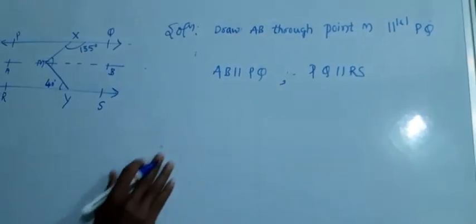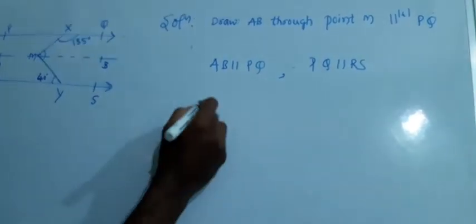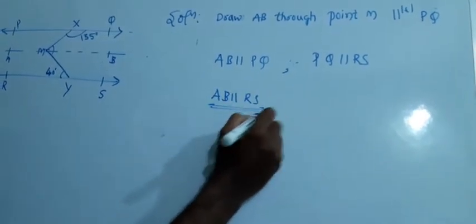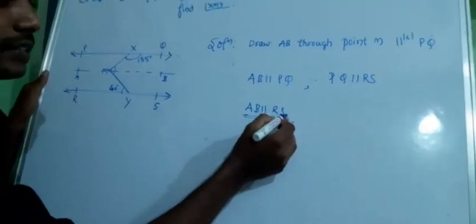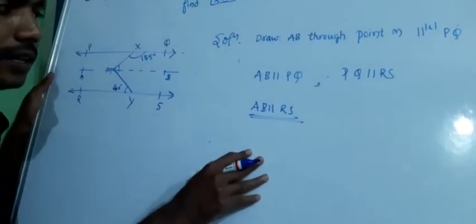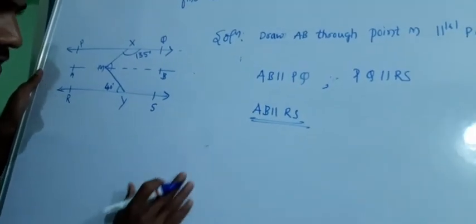Now, if AB is parallel to PQ and RS is parallel to PQ, then AB is parallel to RS. So, the last theorem we studied says the same: if two lines are parallel to the same line, then the two lines are parallel to each other, that is, AB is parallel to RS.